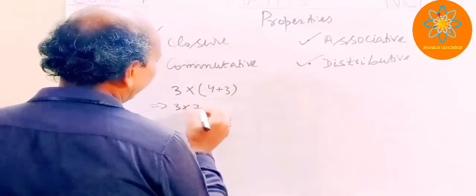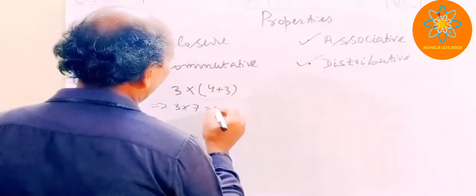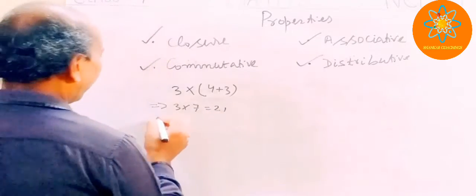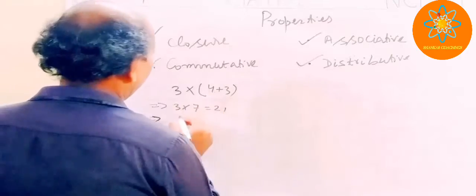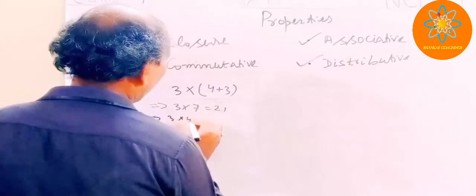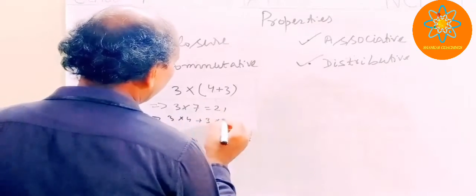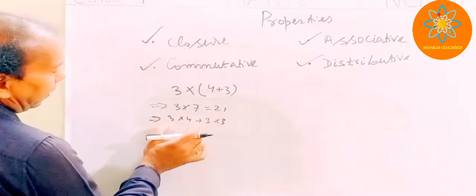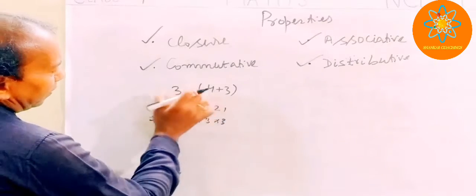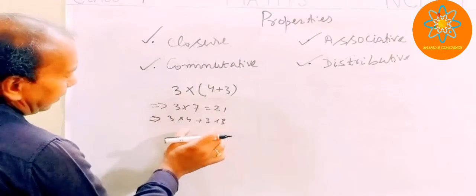Either I take 3 into 7, that is 21, or I can solve in this way: 3 into 4 plus 3 into 3. What I am doing here is just distributing and then adding.